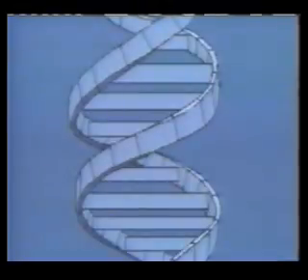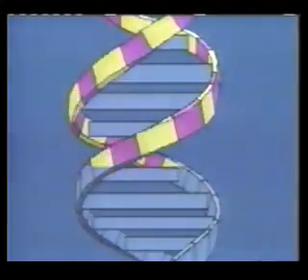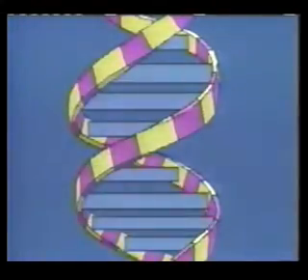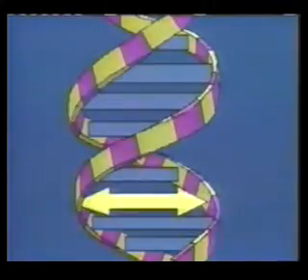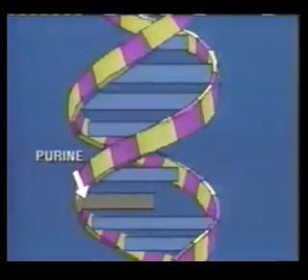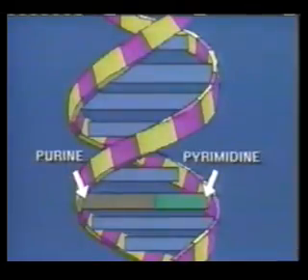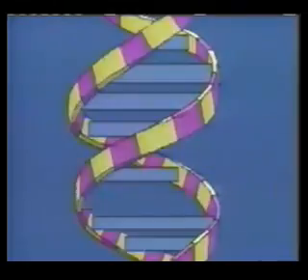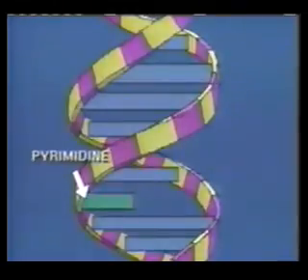The key to this copy process is the architecture of the DNA molecule. The spiraling rails of sugar, alternating with phosphate, leave room for only 2 kinds of rungs. Either a purine linked to a pyrimidine, or the reverse, a pyrimidine linked with a purine.